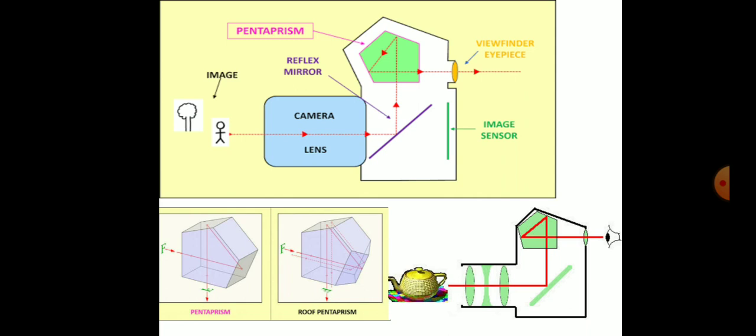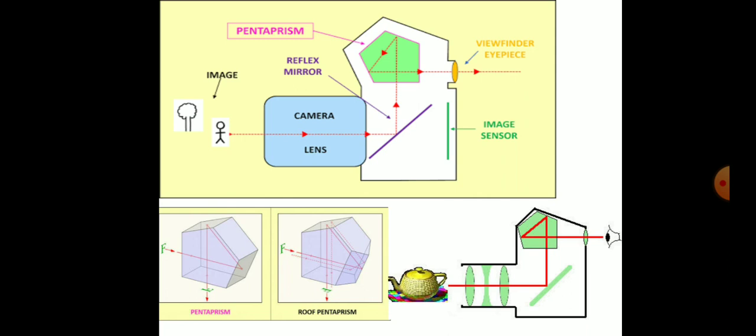On the right-hand side below, there is one object, a teapot, and we can observe the red line.